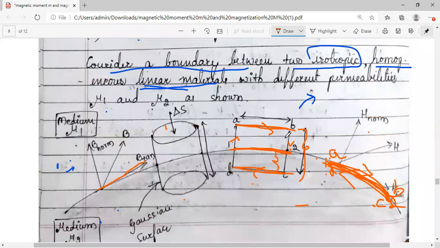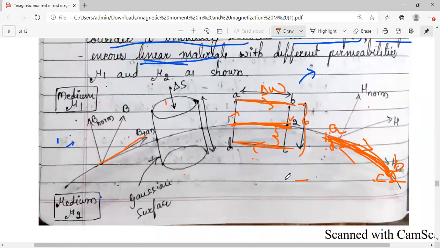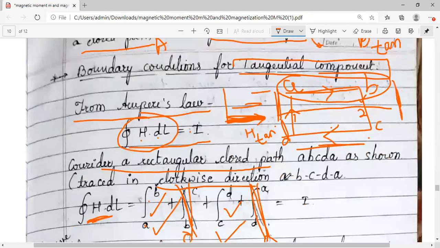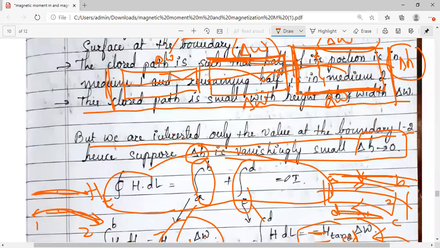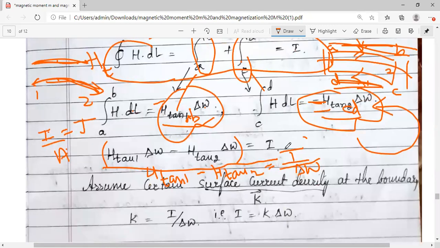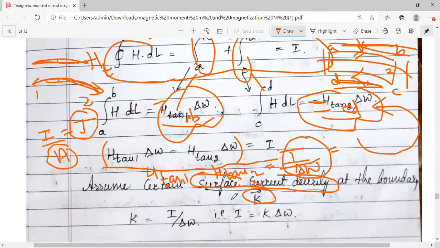So there is no question of area. Here only a line is left, and its length is the value delta W we have assumed. So there is no question of area, but there is a line of length. That's why I will say whatever I by delta W is, it is surface current density. I won't use the term J because for J we need area. I will use some other notation.